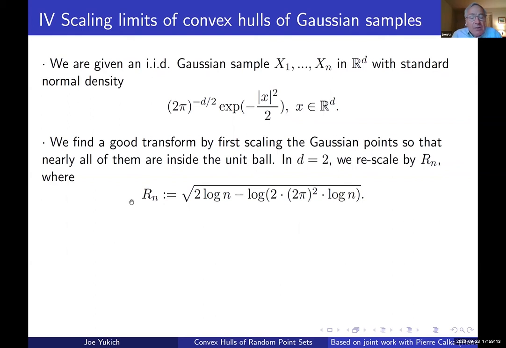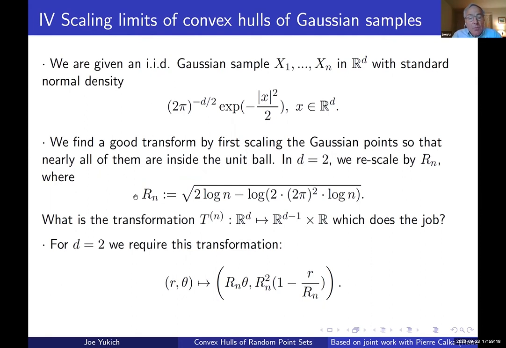We take a point in the plane with polar coordinates r and theta, and we rescale each point by Rn. This has the effect of putting most points, but not all points, inside the unit ball. We look at the difference between the distances of the rescaled points and the unit sphere. That's this 1 minus r over Rn.